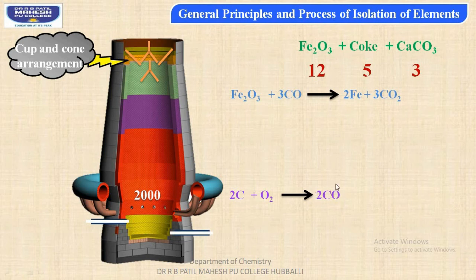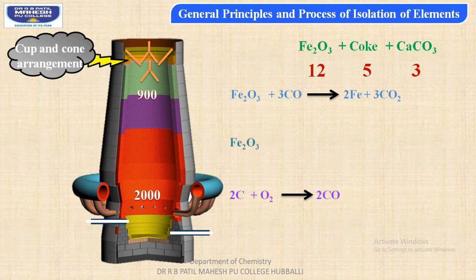Thus, students, the carbon monoxide produced in the first step acts as a reducing agent which reduces ferric oxide to iron metal, with liberation of carbon dioxide vapors.